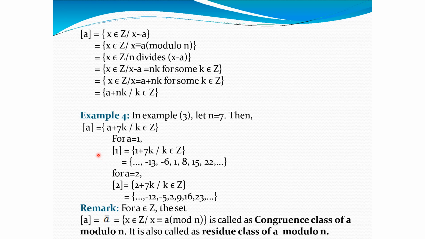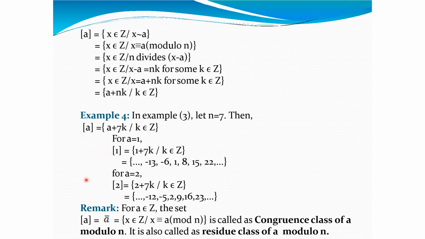So for k is 0, this will be 1 plus 7 into 0, which is 1. For k is 1, it is 1 plus 7 into 1, which is 8. Similarly, for k equal to minus 1, 1 plus 7 into minus 1, which is 1 minus 7 equal to minus 6. So in this way we get the equivalence class of 1.